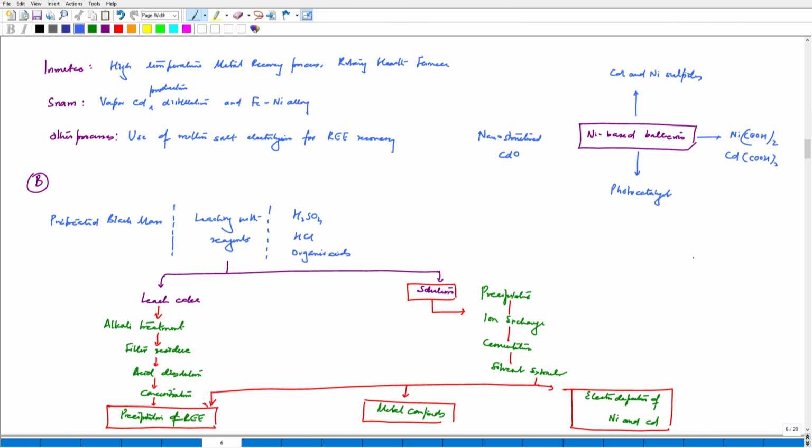These are the various important recovered materials that we can get from nickel cadmium or nickel based batteries, and we can see that a wide variety of products can be produced using nickel based batteries.